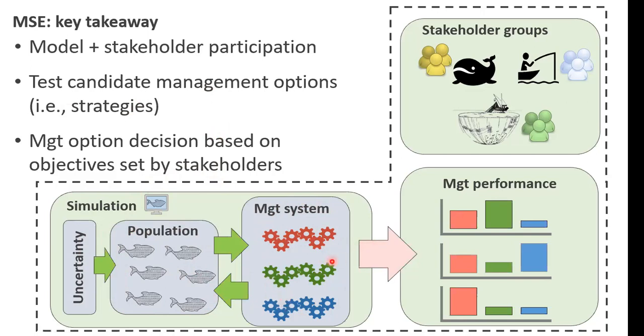And then we're comparing the performance of each of the options based on what we call performance metrics. By looking at the performance metrics, we can decide which option is the best. And we can do this in the context of stakeholder participation at the various points in this process.